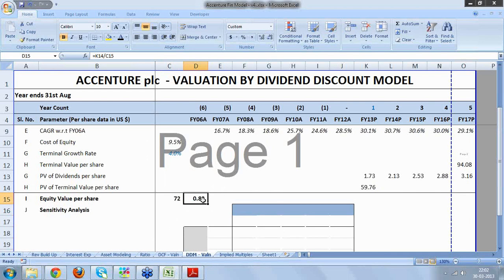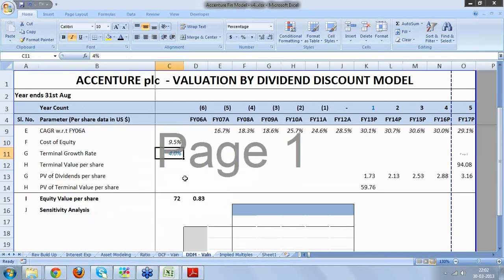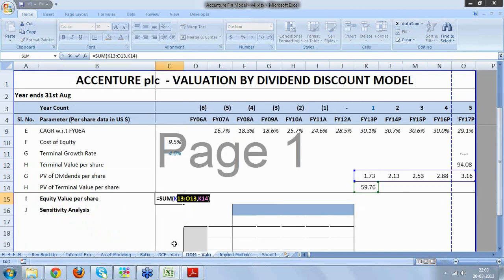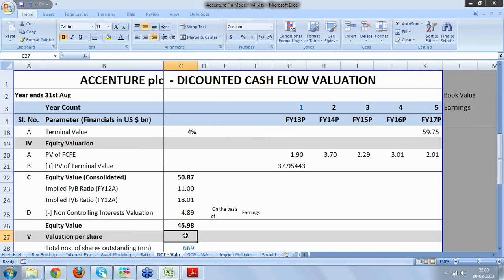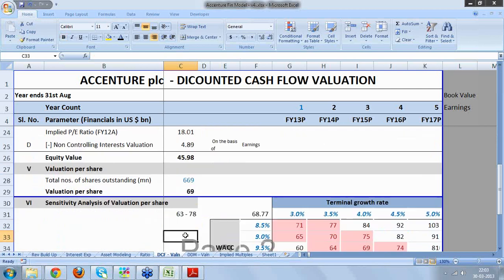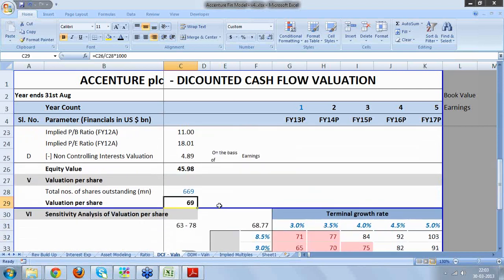We need to adjust the terminal growth rate to some extent, but since we have already modeled the terminal growth rate in earnings close to 4%, there is no way I am going to take a terminal growth rate different than this, so I have to retain this. So 72, my equity valuation is giving 69 or 70, it was. So 69 or 70 was what I was getting from here.